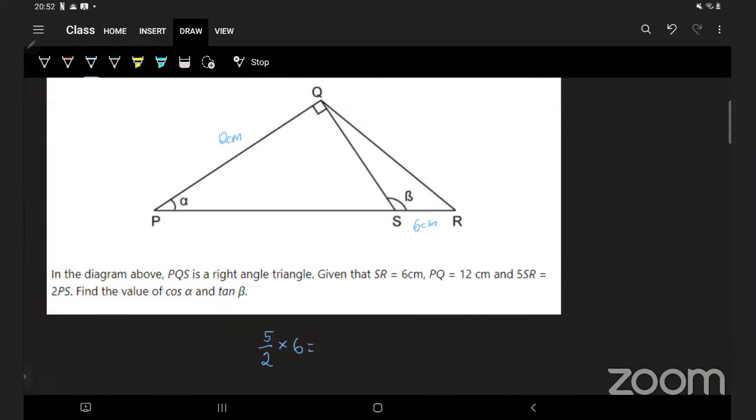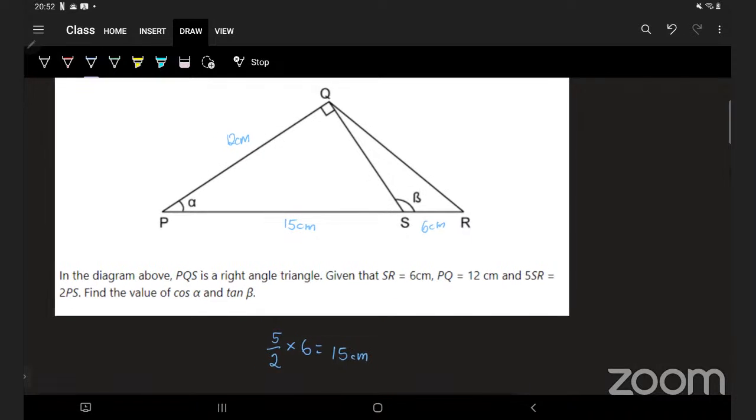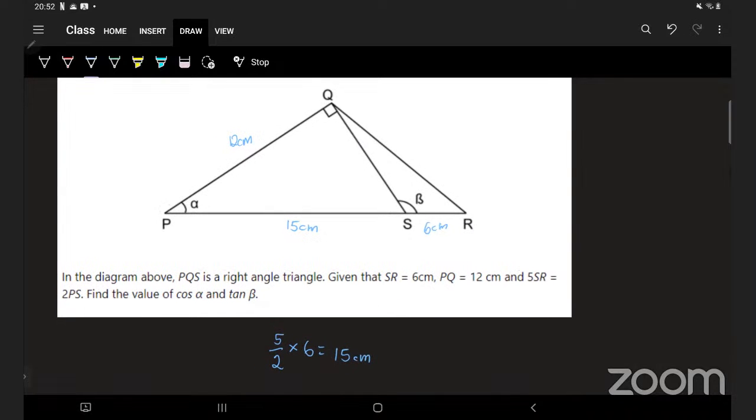So you'll be getting 2.5 times 6 is equal to 15. We know that this is 15 just based on ratios. So this is 15 cm. And now they want us to find the value of cosine alpha and tangent beta.